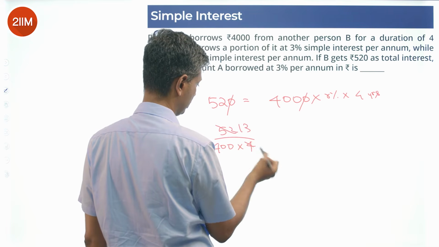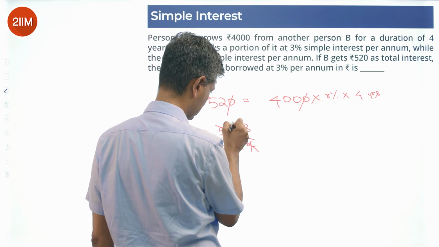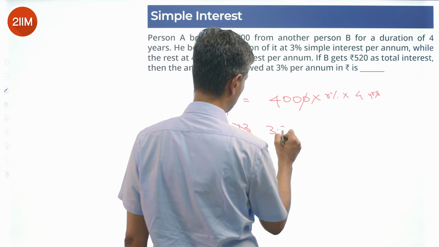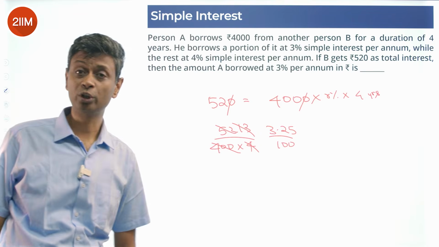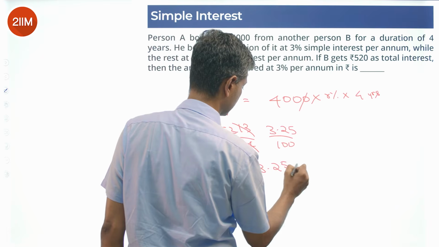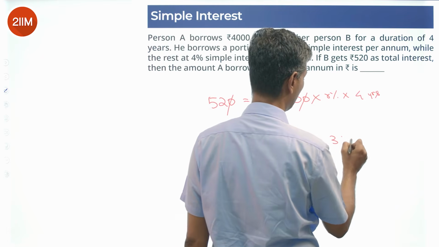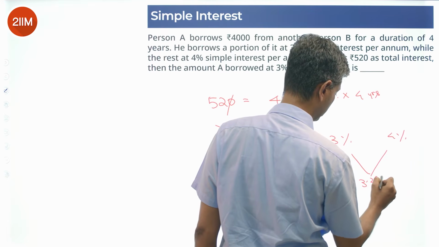This is 13. 13 by 400 is 3.25 by 100. Or rate of interest is 3.25. Or you're mixing 3% and 4% to get 3.25%.